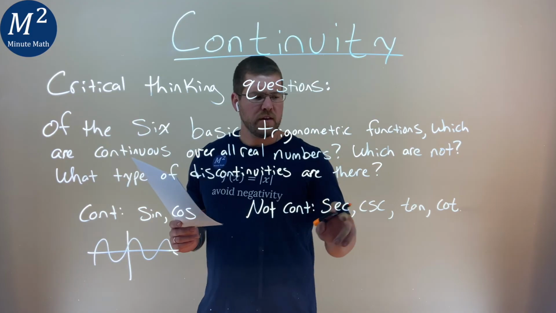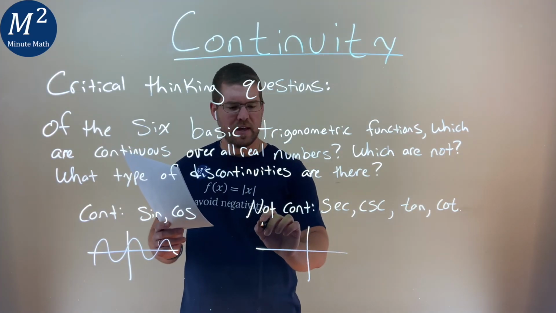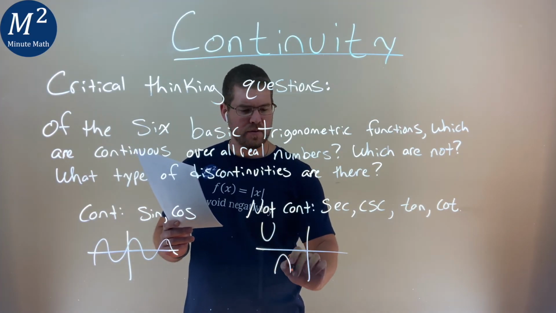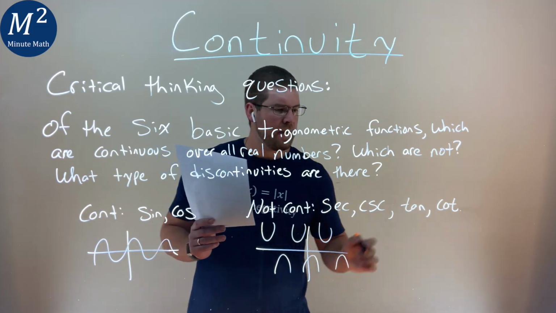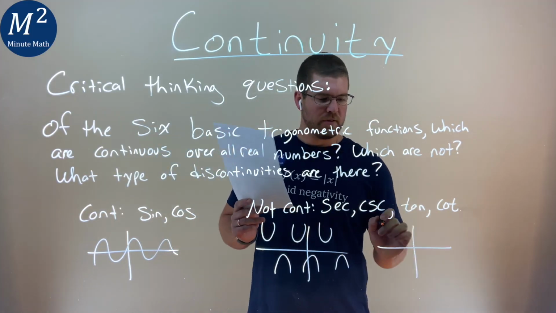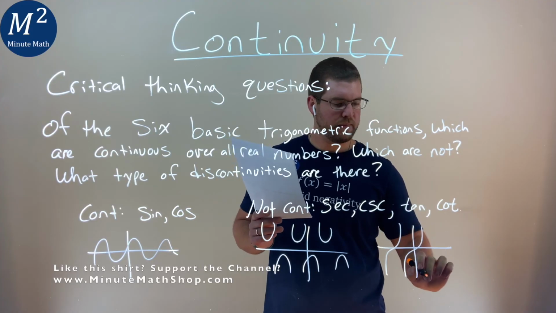The secant and cosecant have basic shapes like such. It has some U shapes that go on like this. And the tangent and cotangent have a basic shape that looks like this.